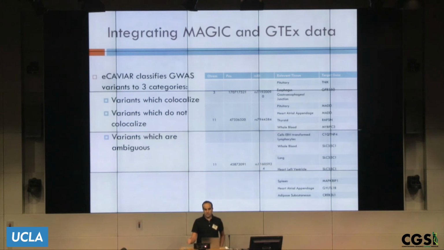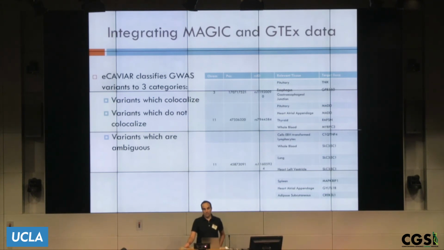Can someone guess what percentage of variants co-localized, that is, the GWAS variants that were also in an eQTL? No. Close, but no. 5%?